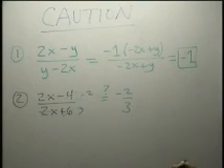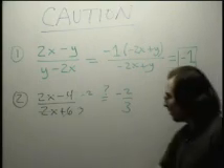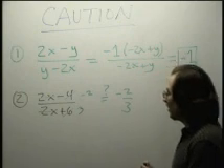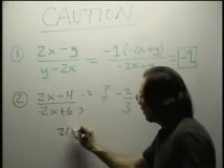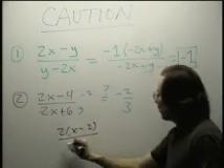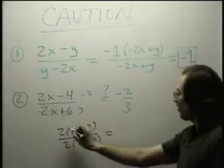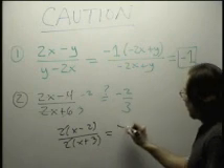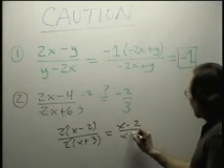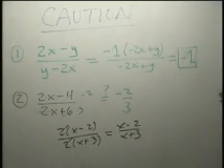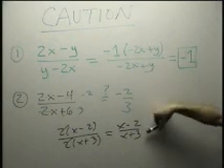Well, remember what we actually got when we did this. We factored the 2's out. We divided out the 2's, and so we got x minus 2 over x plus 3. This is not the same as this.